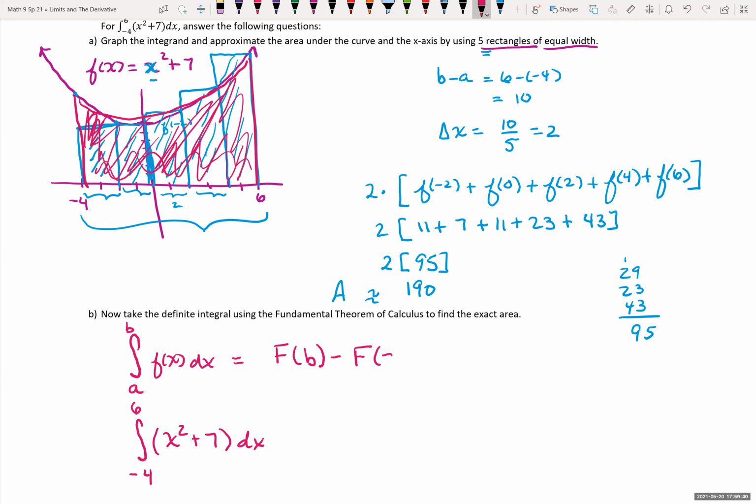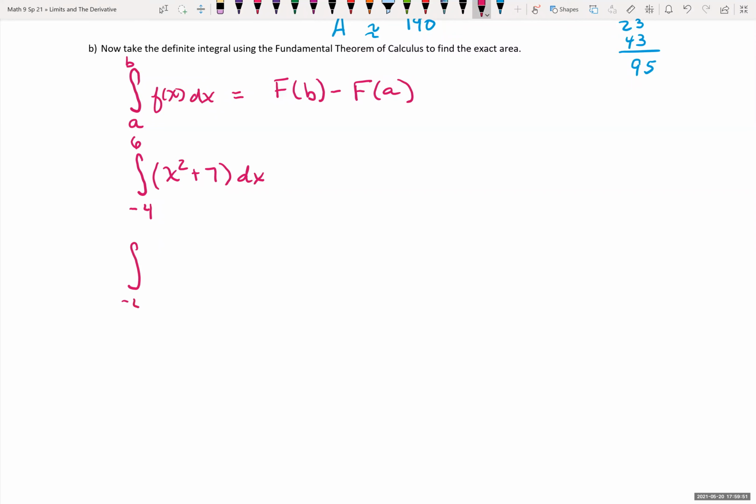And so this one is easy to integrate. We don't need any substitution. Oops, and I don't need to rewrite the integral. So the integral sign drops once we take the integral. So the antiderivative of x squared is x cubed over 3 plus the antiderivative of 7, which is 7x. And we're evaluating this from -4 to 6.